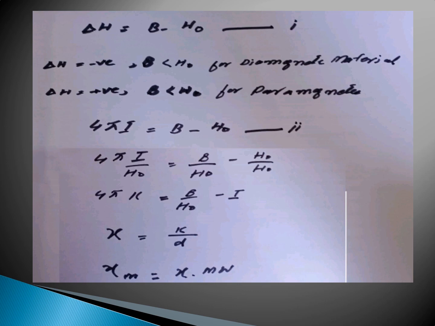The difference between the applied magnetic field and the induced magnetic field will be delta H. Delta H is equal to B minus H naught, where B is magnetic induction and H naught is the applied magnetic field.